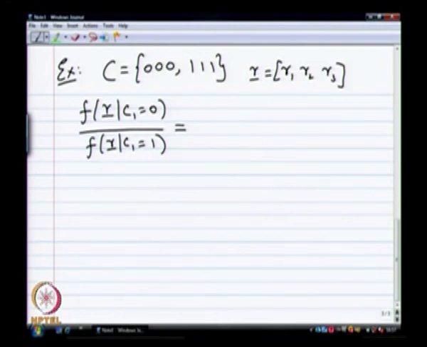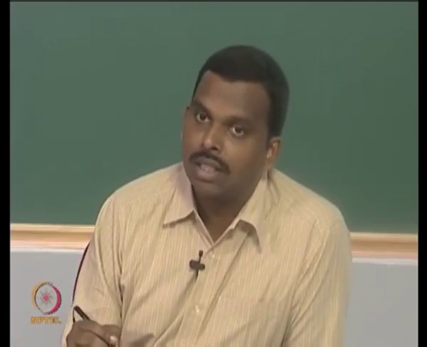Can we make use of our knowledge that C2, C3 will also be equal to zero? Of course you have to make use of that knowledge, that's the only knowledge you have. So C1 is 0 implies C2 is also 0, C3 is also 0. It is a very simple code. C1 is 0 means the entire codeword was 0 0 0.